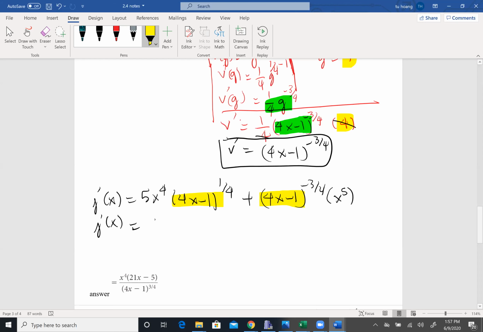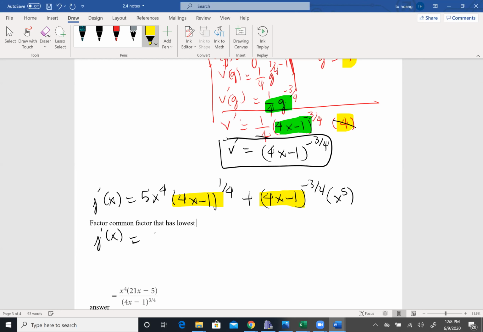So I'm gonna say factor the common factor that has the lowest power.